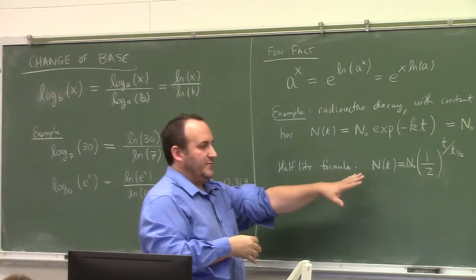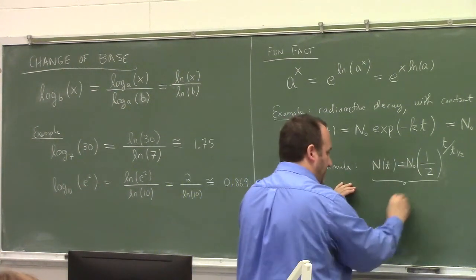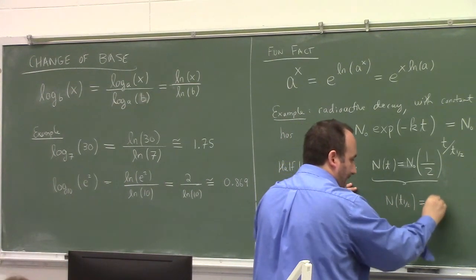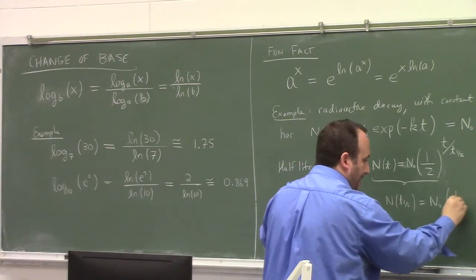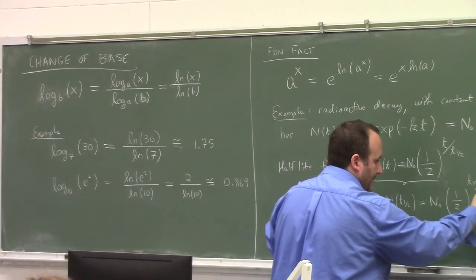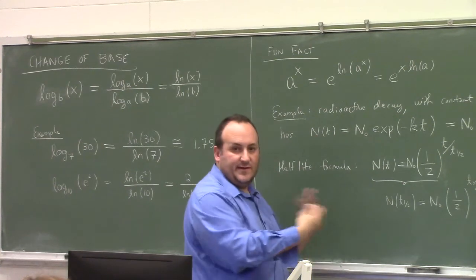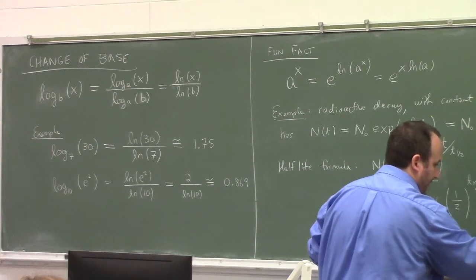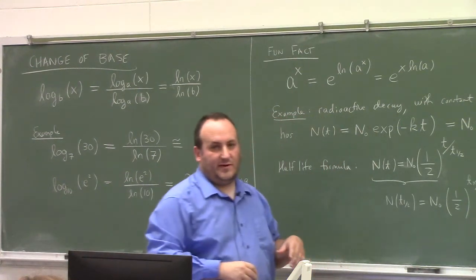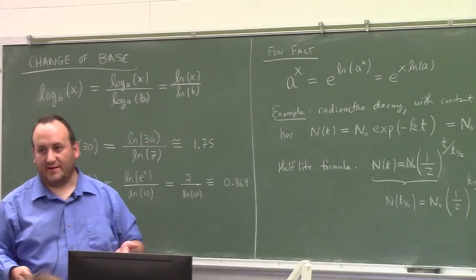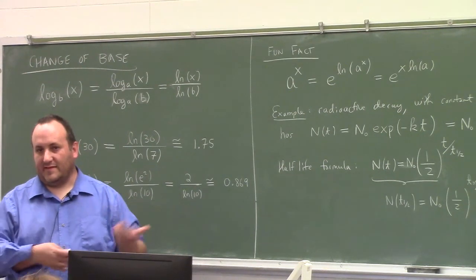Think about how that formula works. If we calculate n of t 1/2, what happens? They cancel, we get 1, so we get 1/2 of the initial amount. If you went to twice the half-life, you'd only have 1/4 of what you had. So that's how that formula works.